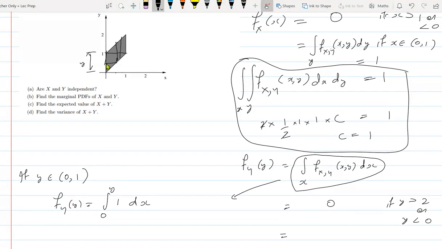This is exactly this point itself, the 45-degree line. So x is varying from 0 to y only, and this will work out to be y. Is that clear?